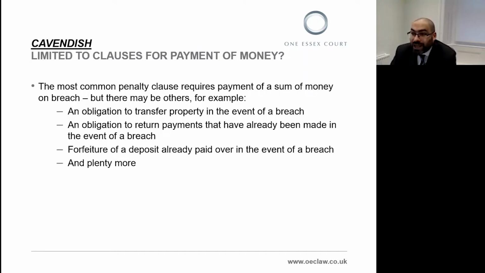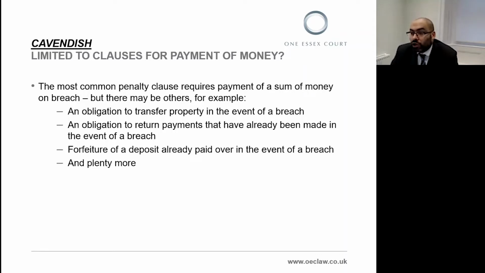And as I've already mentioned, the classic example is one which requires a party to pay a sum of money if it breaches its primary obligations, and that's what most of the cases, the vast majority of the cases, are dealing with. But there may be other types of clauses which have a similar effect.